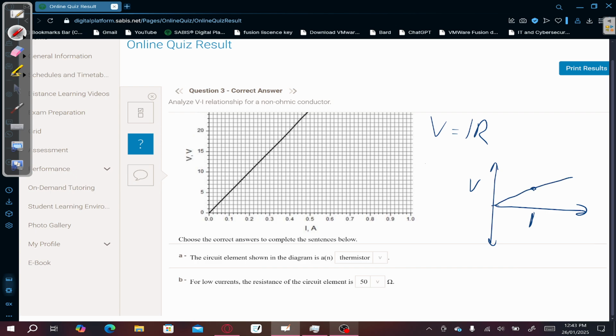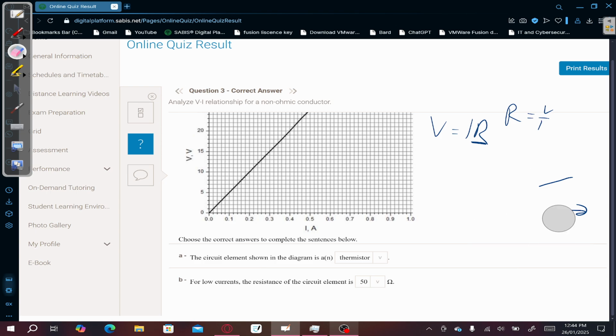The slope is delta V over delta I. Now, if you were to derive this to get R, you're going to get R equals V over I. So what this basically means is that this is R, the resistance. So the resistance of the device is the slope of the VI graph, given that it obeys Ohm's law, which means it is a perfect straight line and it doesn't curve like this.